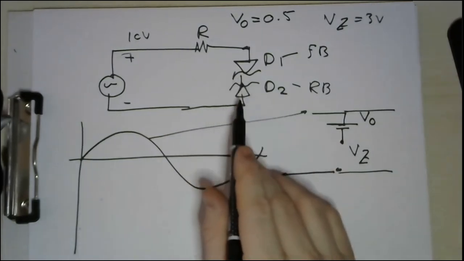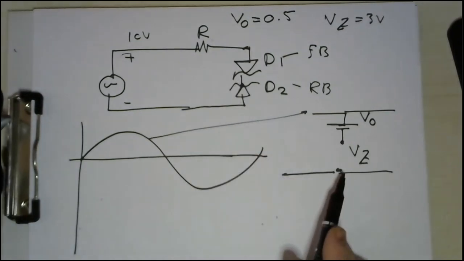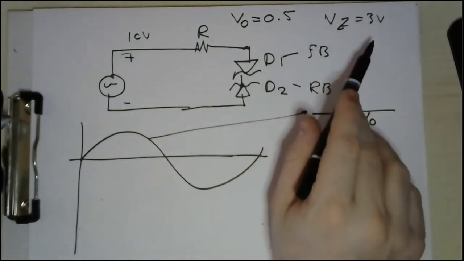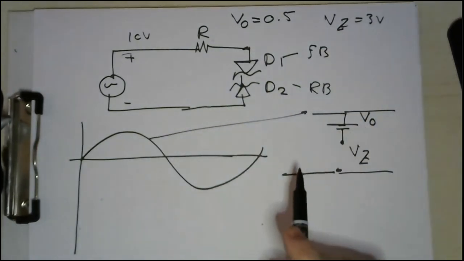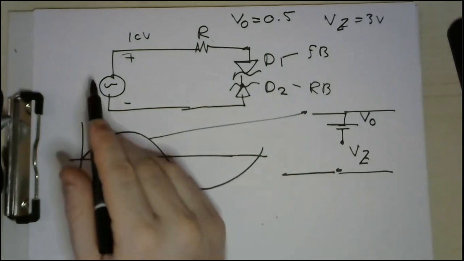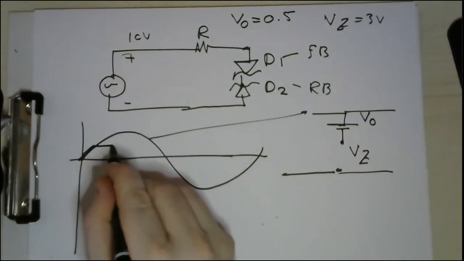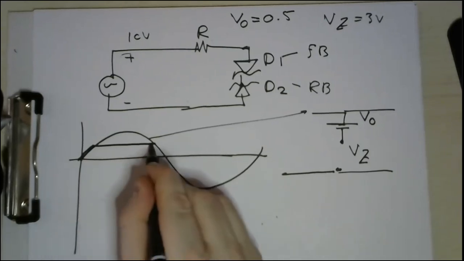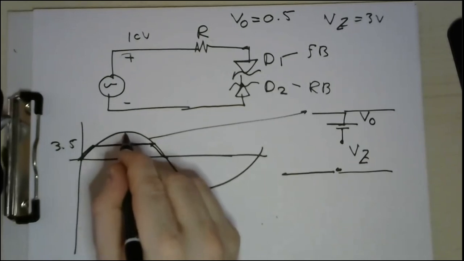And the maximum voltage that can pass between these 2 points will be 3 volts. So the maximum total voltage here is 3.5. However, the input is 10. So you will have something like this. The output will be clipped at 3.5.